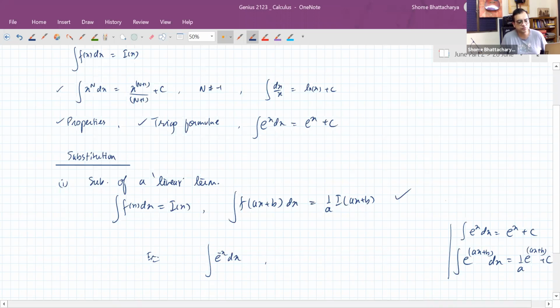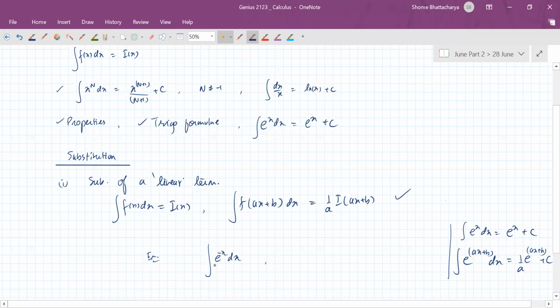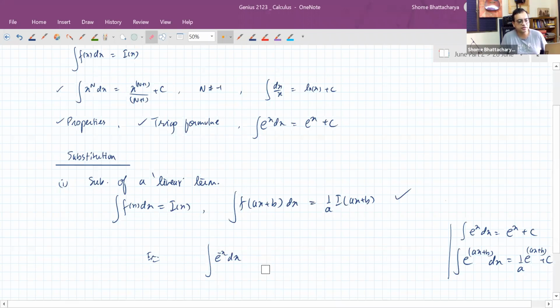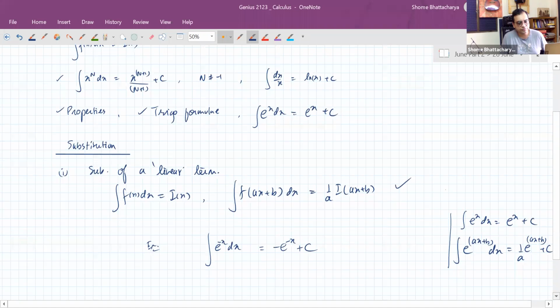This is clear now, Dhruv? Yes, sir. So here minus x is a linear term. It's like a is equal to -1 and b is equal to 0. So if you directly go by that substitution method, it becomes e raised power minus x divided by -1. So that's minus e raised power minus x plus c. Got it now? Yes, sir.